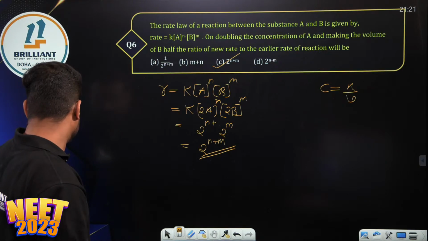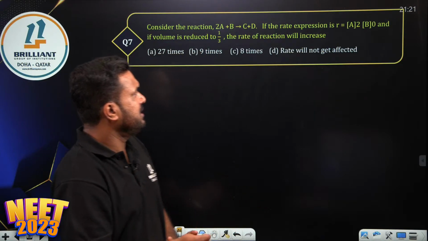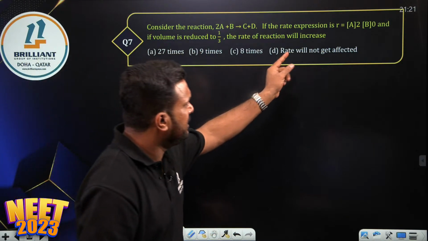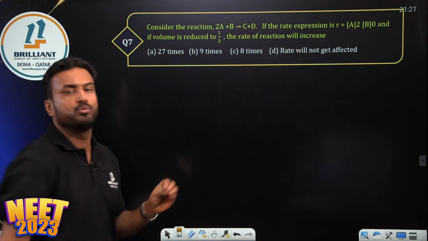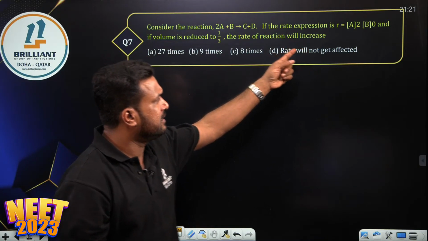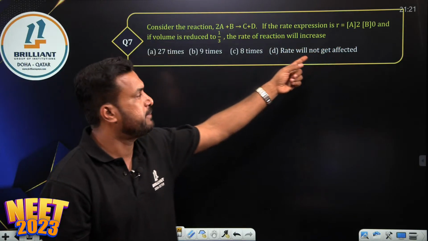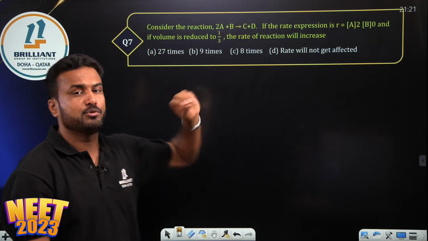So question number 7. Consider a reaction 2A plus B gives C plus D. The rate expression is equal to A raised to 2 into B raised to 0, which means with respect to A the reaction is of second order, with respect to B the reaction is of zero order, and the volume is reduced to 1 by 3.